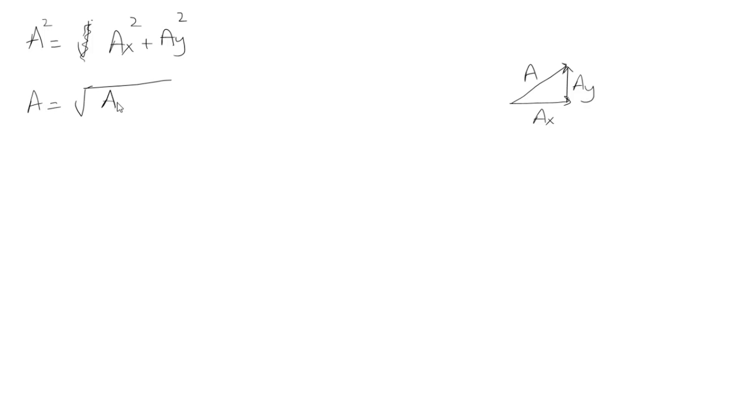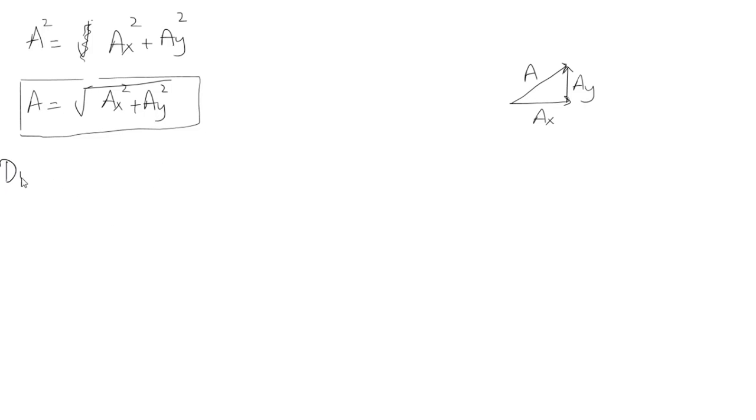If I use the Pythagoras theorem for this right angle triangle, where this is ax and this is ay, then I can write A square will be ax square plus ay square, or A will be the square root of ax square plus ay square. This will give us the magnitude of vector A using its rectangular components.